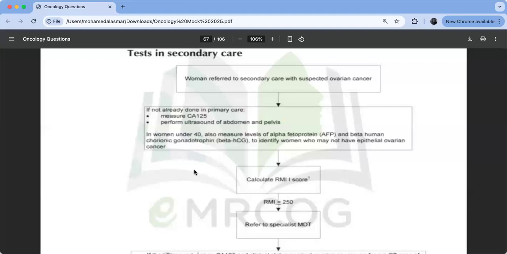They usually don't dig that deep in the oncology, which is a good thing. They ask you questions for staging, survival rate as well, in single best answer questions, and they ask you about the main lines of management. But referral pathway and pre-malignant lesions are very important.